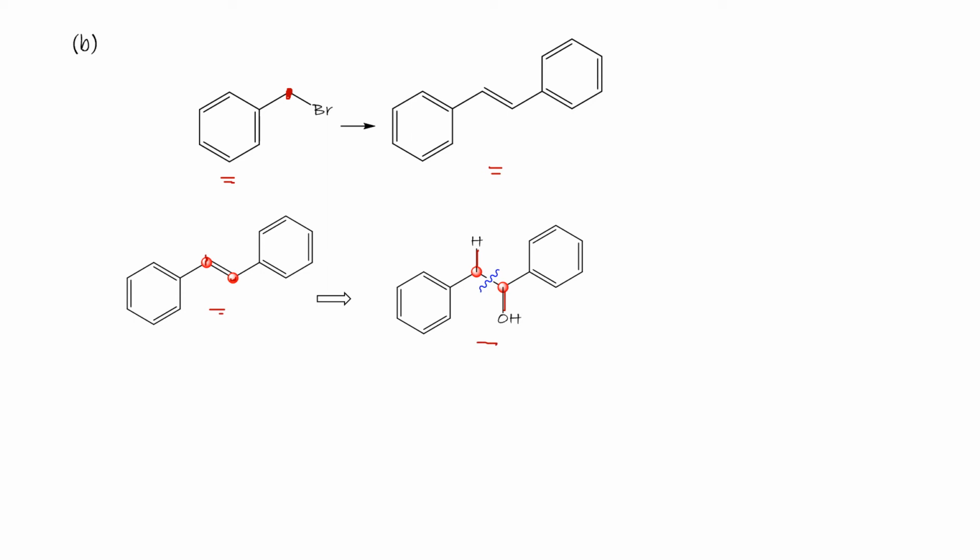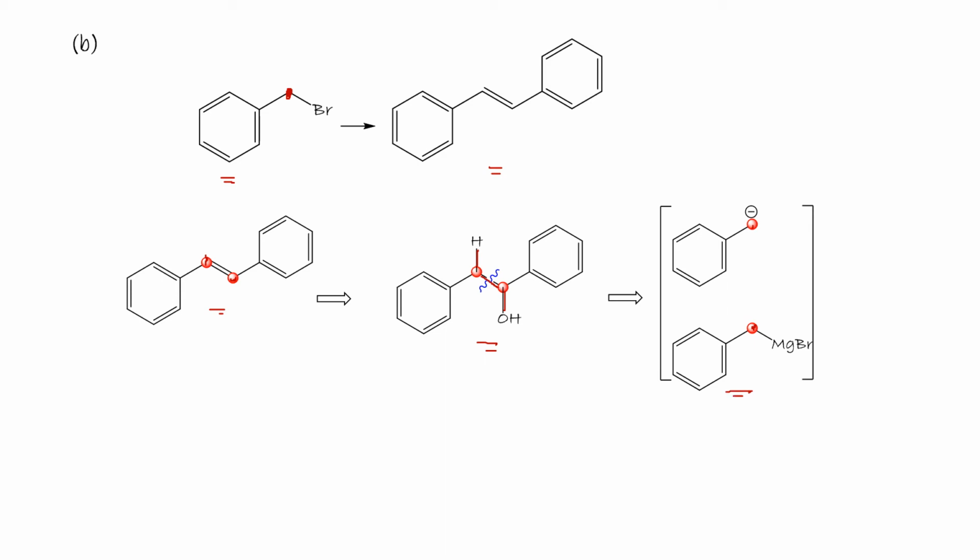But how can we get this bond together? So we can get this from a carbon with a negative charge, and this means that we are talking about a Grignard reagent or organolithium reagent with, again, look at this aldehyde.